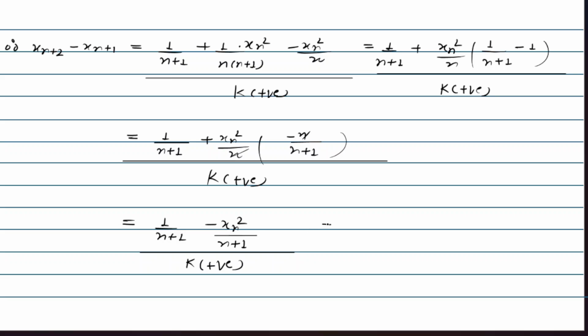Now I will get 1 minus xn square upon n plus 1 upon k, which is a positive thing.